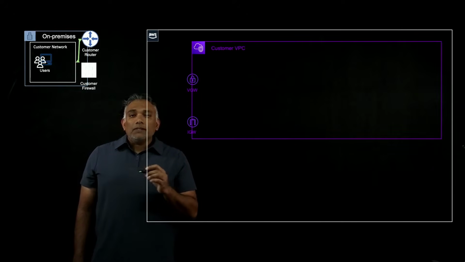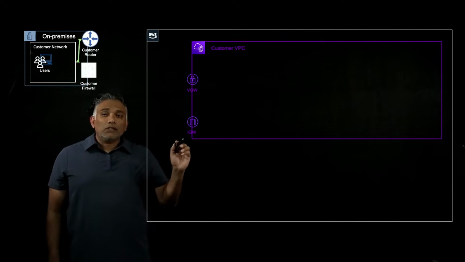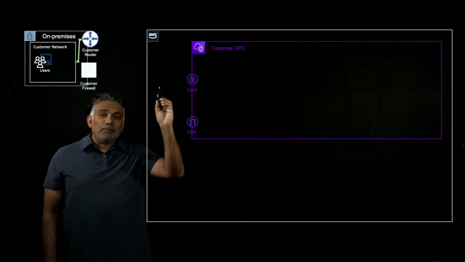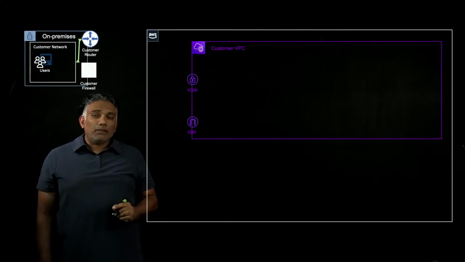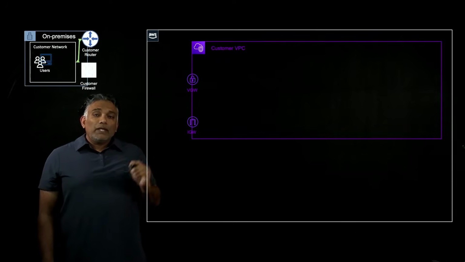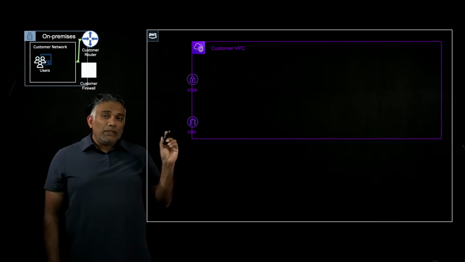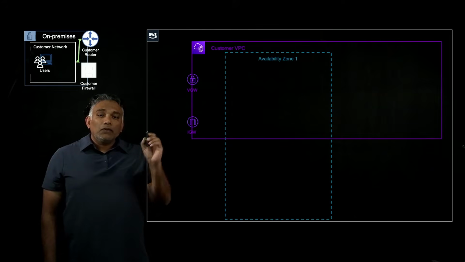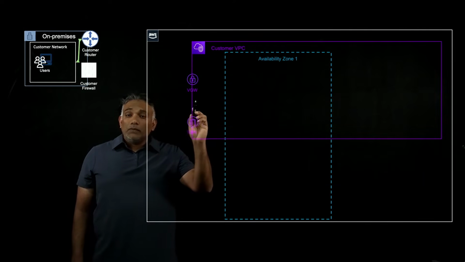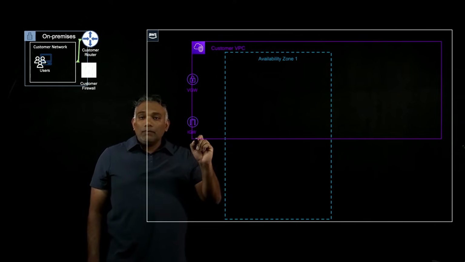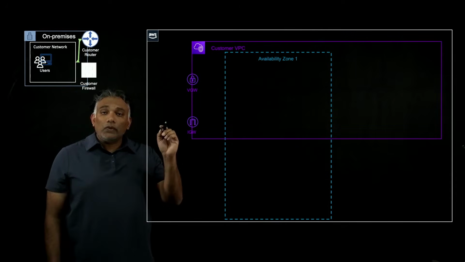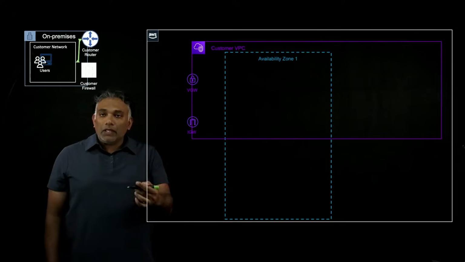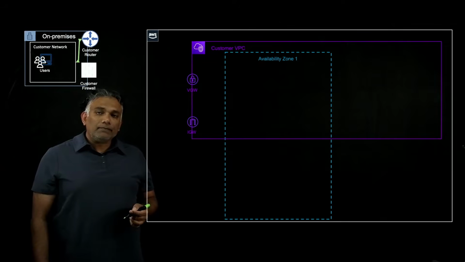Once we know that piece, we make sure that the customer has an AWS account set up, as well as the customer virtual private cloud environment. When they deploy the customer VPC, you'll notice that there's a VGW, or a virtual gateway, and an IGW, or an internet gateway, that gets deployed for the customer VPC, depending on how it's provisioned.